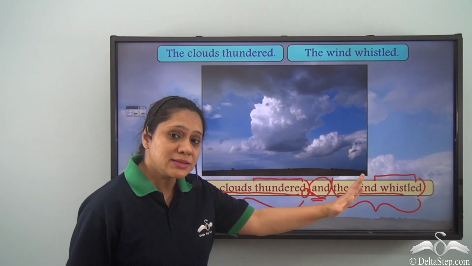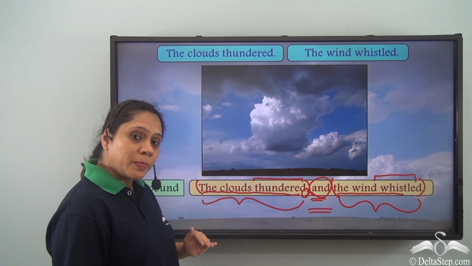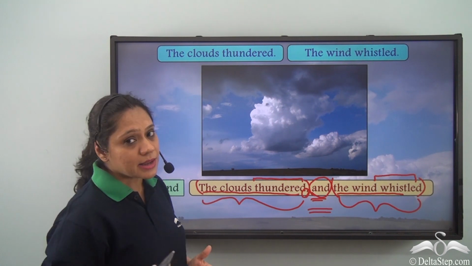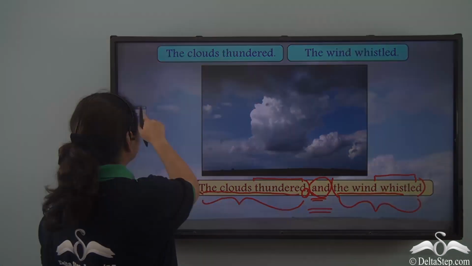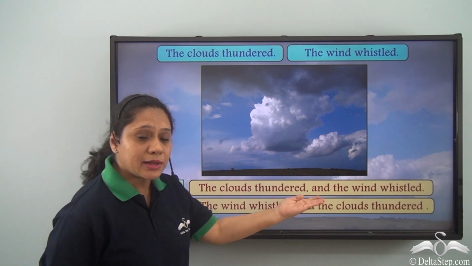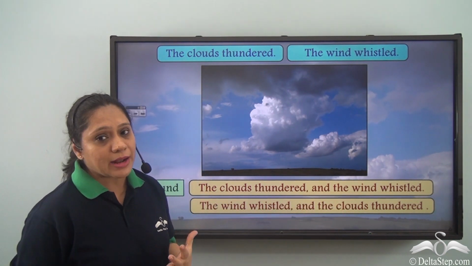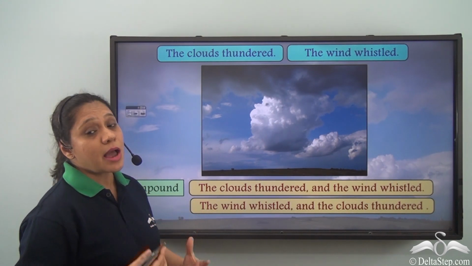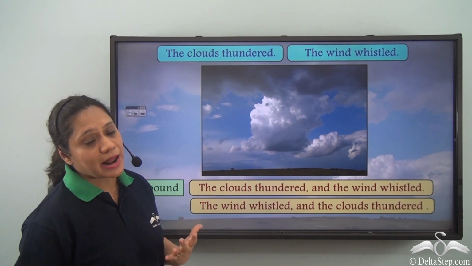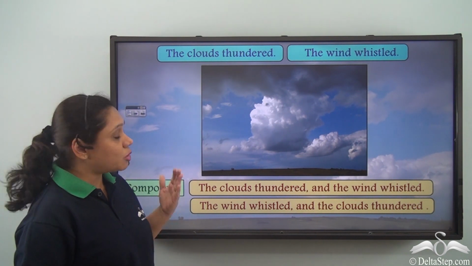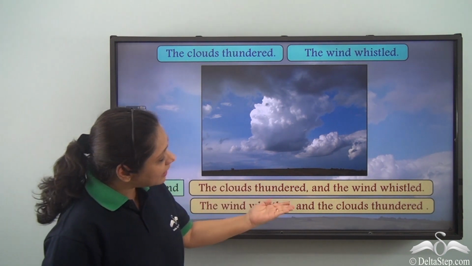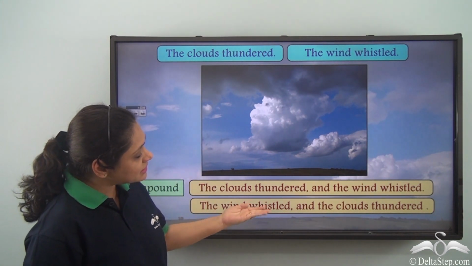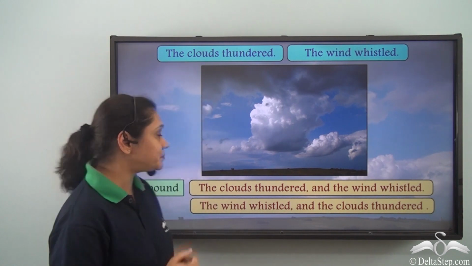So this sentence is a compound sentence. Now we can join the two simple sentences and form another compound sentence: the wind whistled and the clouds thundered. It does not matter which clause comes first here, because both are related and both have equal importance. So we can either say the clouds thundered and the wind whistled, or we can also say the wind whistled and the clouds thundered.